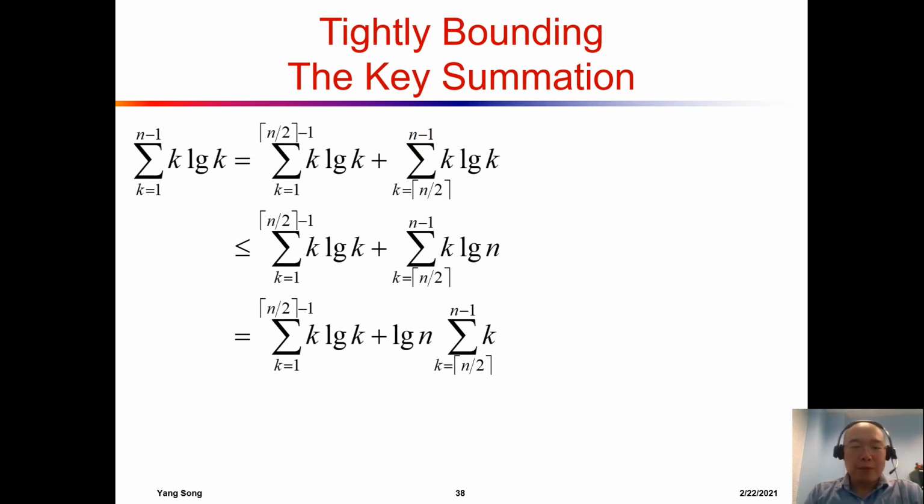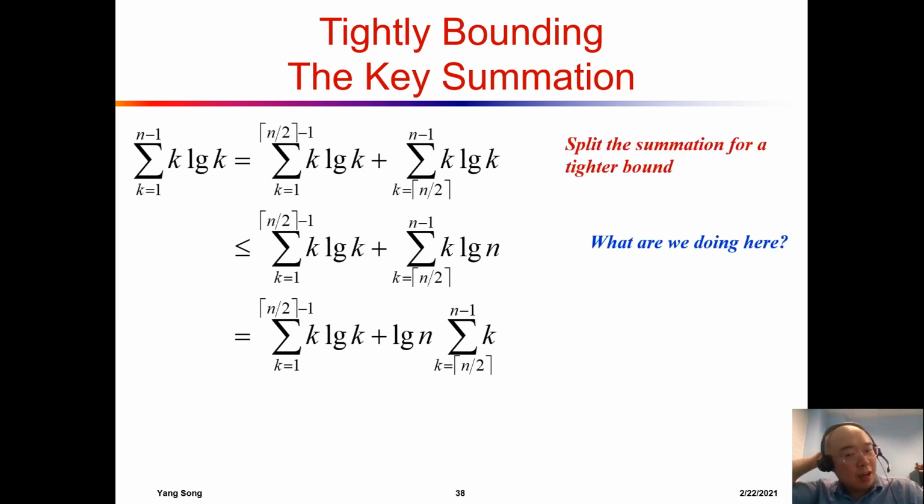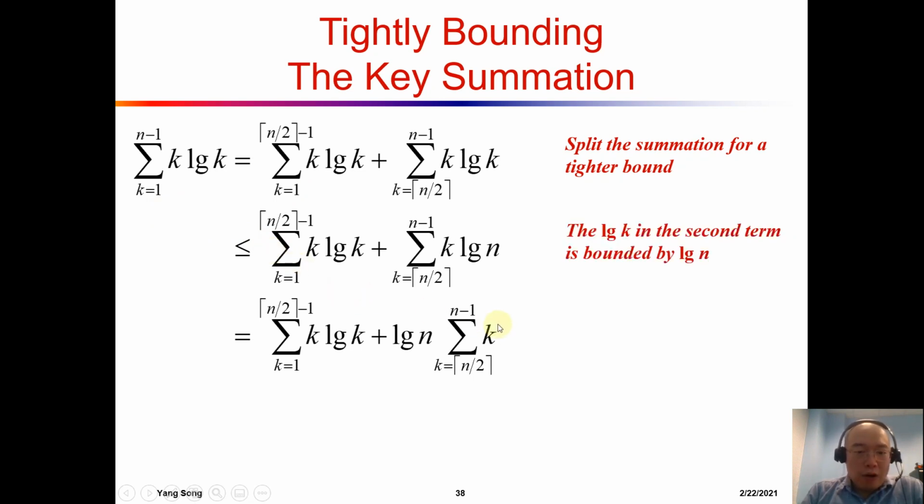Then let's move on and see how we can solve that. So what are we doing in the next line? For the next line, I'm substituting the upper half, and instead of doing log k, now I'm doing log n.